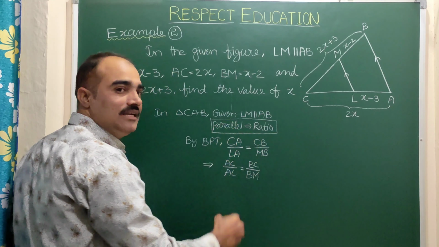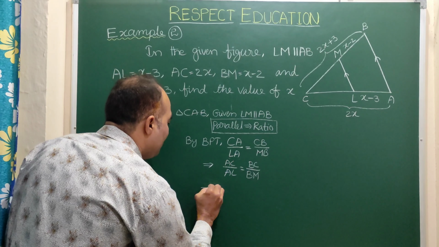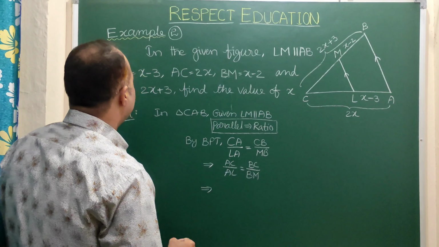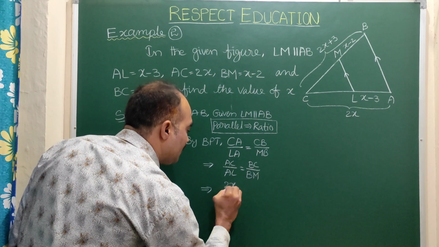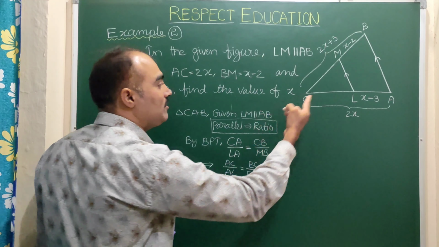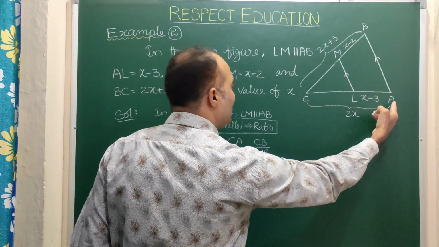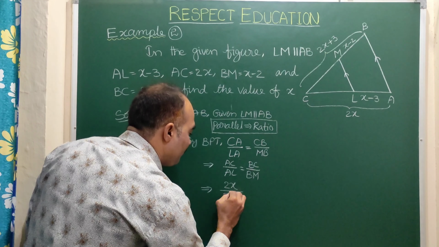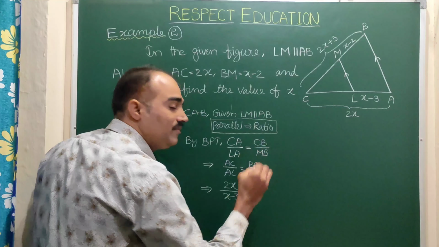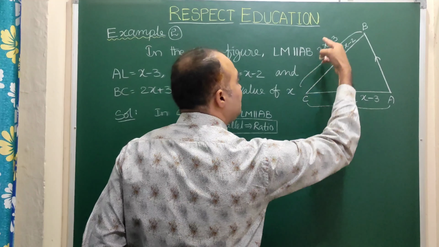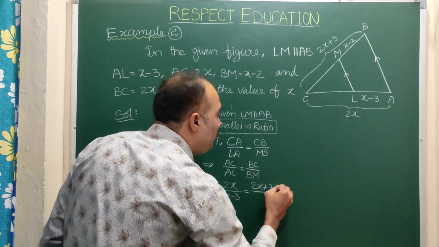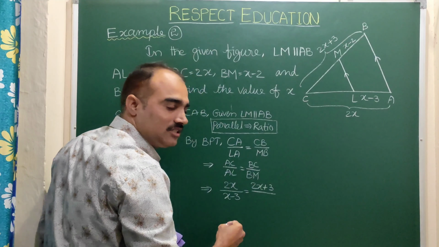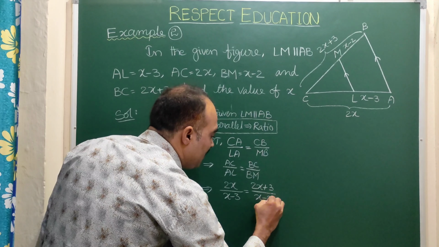Let us substitute the given values. Here AC is 2x, we can write it easily from the figure. AC is 2x by AL is x minus 3, is equal to BC is 2x plus 3 by BM, B to M is x minus 2.